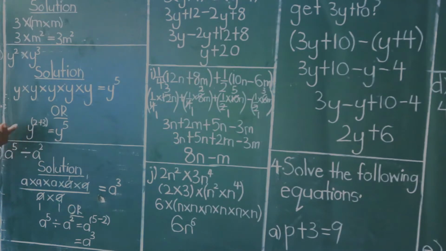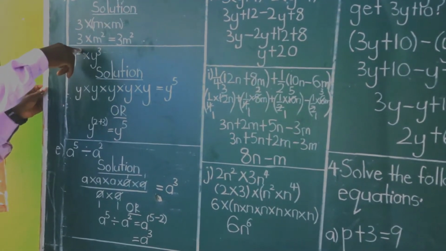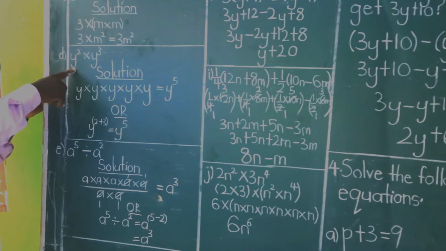This is what's called the index rule. The index rule says, given the same base in multiplication, one adds the indices. Now, I've used a technical way, and the words I've used are very technical. One must know that a number or a letter with an index is called a base.